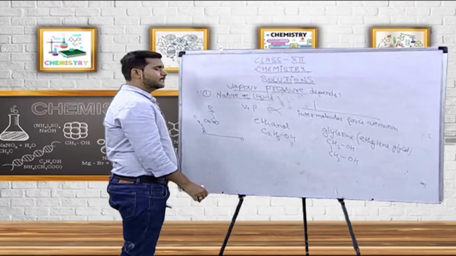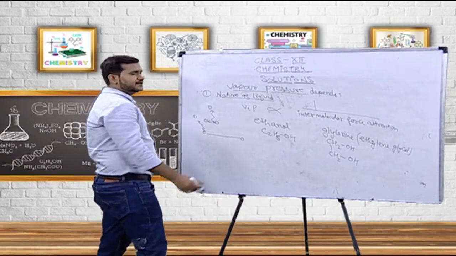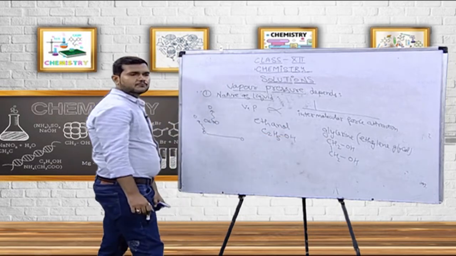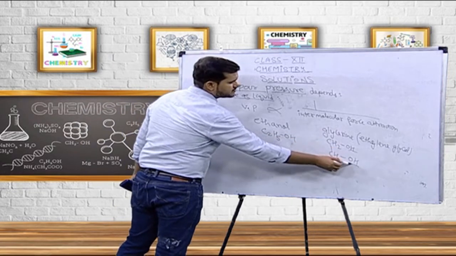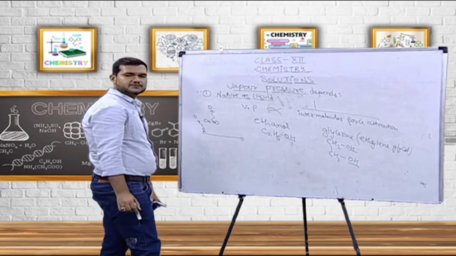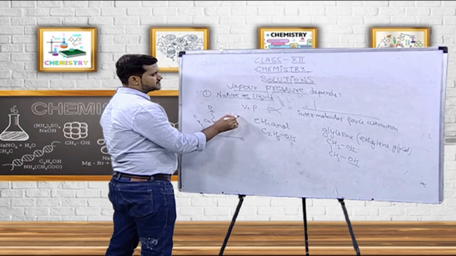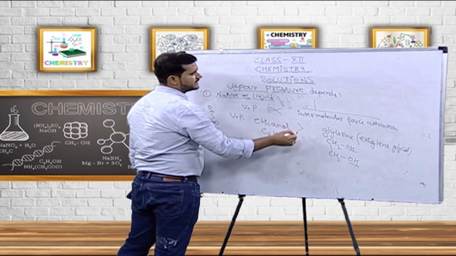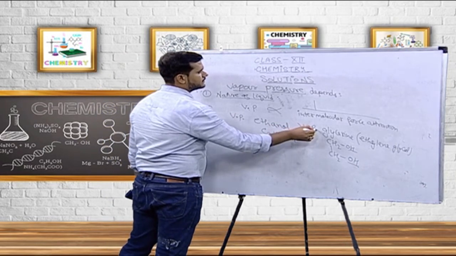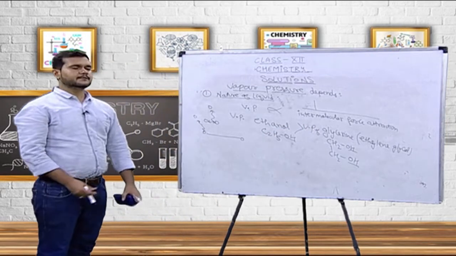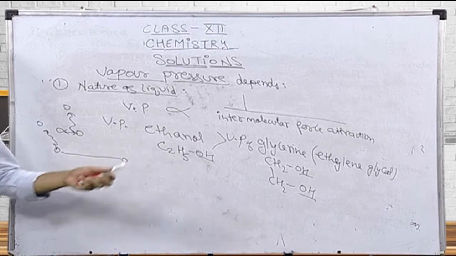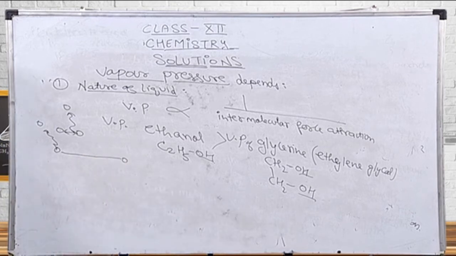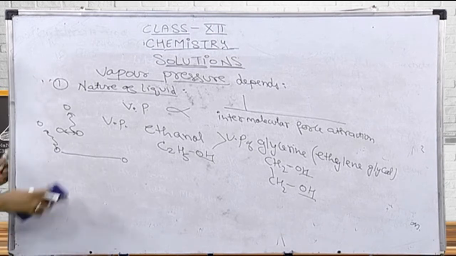So more force of attraction is present in glycerine. Therefore, the vapor pressure of ethanol will be more than the vapor pressure of glycerine, because the molecules of ethanol can vaporize more easily compared to the molecules of glycerine or ethylene glycol.